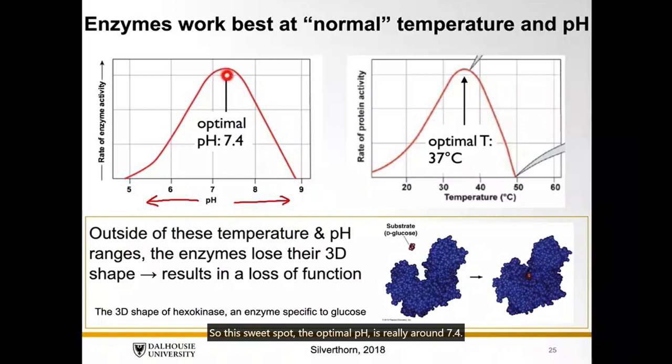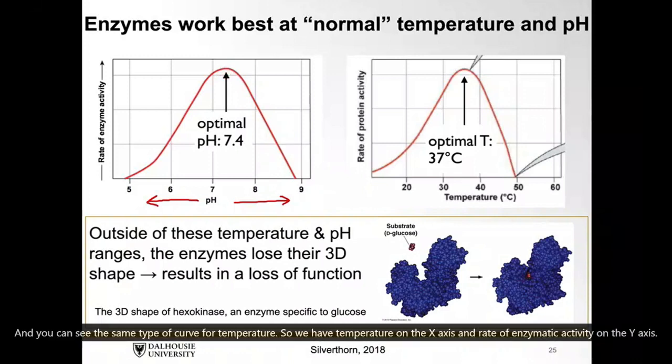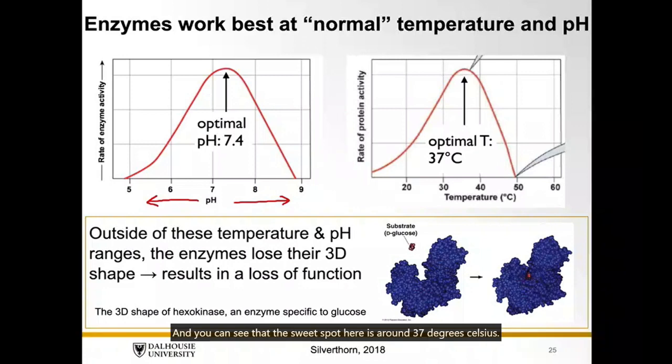So the sweet spot, the optimal pH, is really around 7.4. And you can see the same type of curve for temperature. So we have temperature on the x-axis and rate of enzymatic activity on the y-axis. And you can see that the sweet spot here is around 37 degrees Celsius.